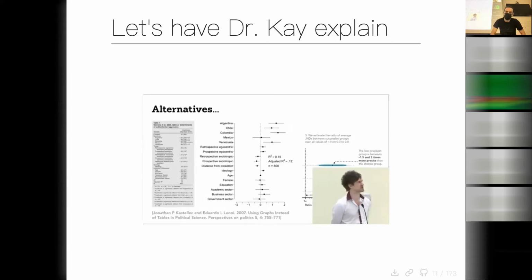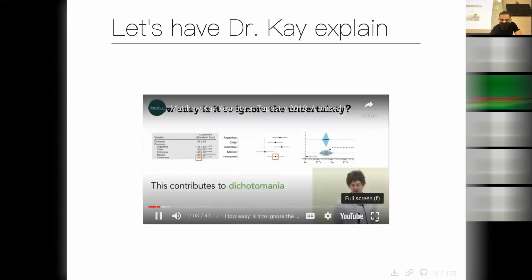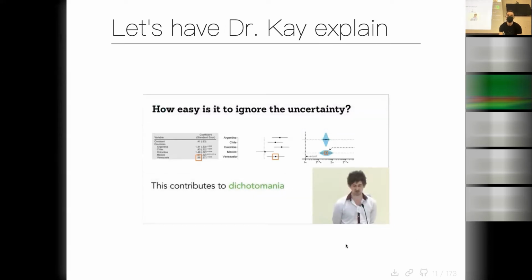You still might ask the question, how easy is it to ignore the uncertainty? And I would argue very. I could look at that number or that dot or that other dot and simply take those as the estimates and ignore the uncertainty. This contributes to what statistician Frank Harrell likes to call dichotomania, the unending ability of human beings to dichotomize things and ignore uncertainty.